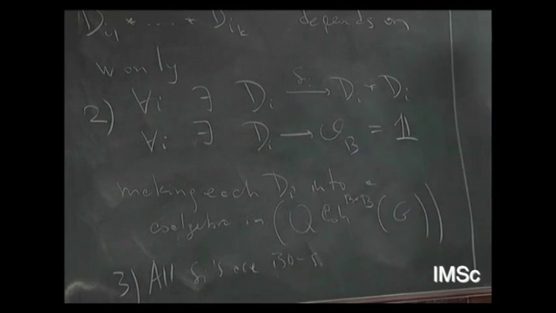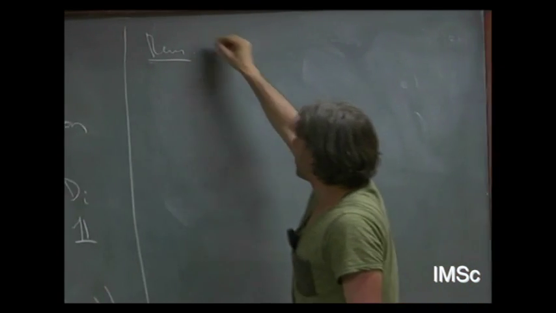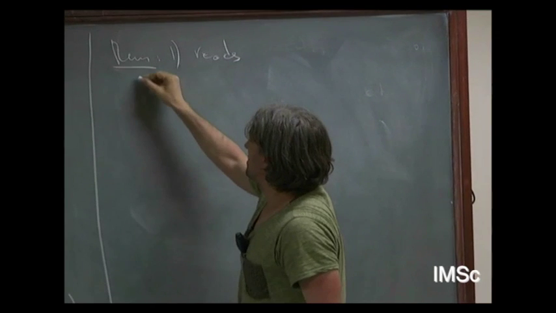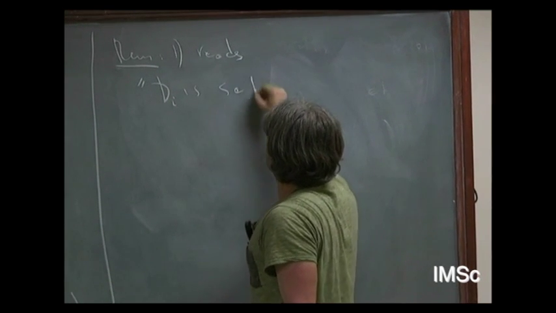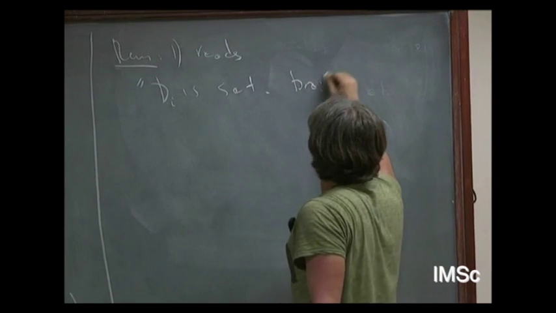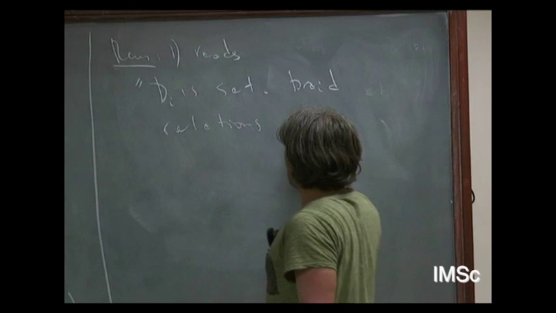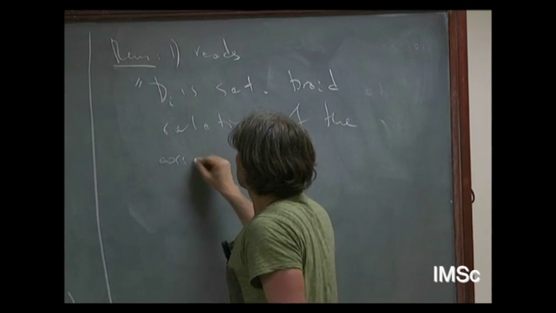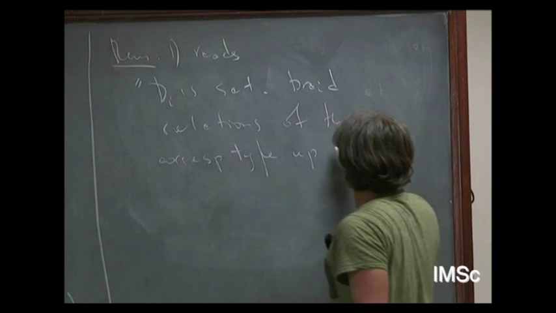So remark. One reads: the D_i's satisfy braid relations of the corresponding type up to isomorphism.